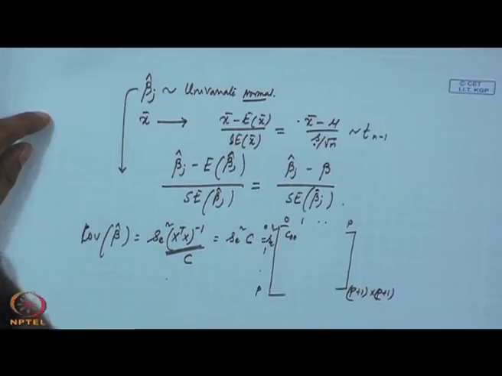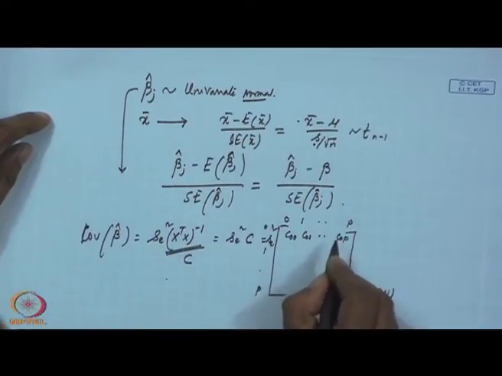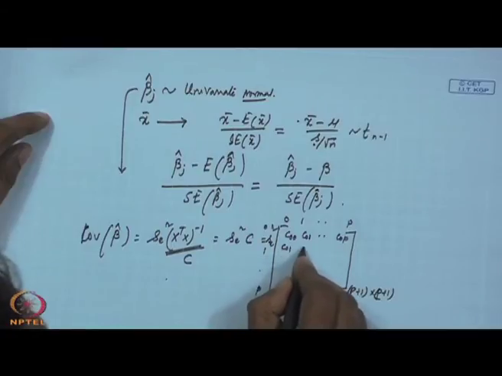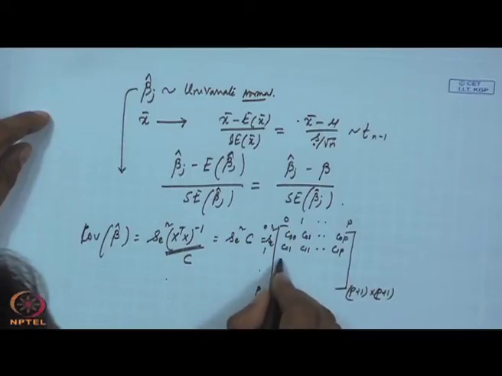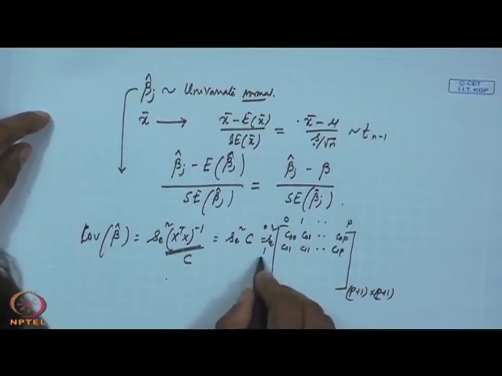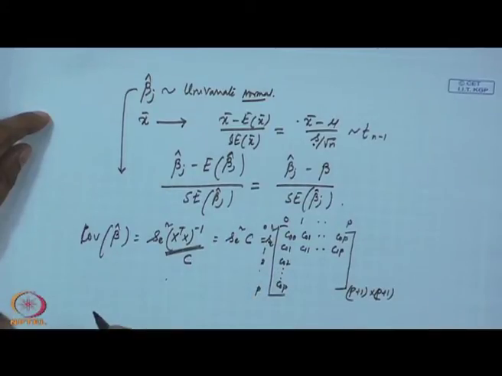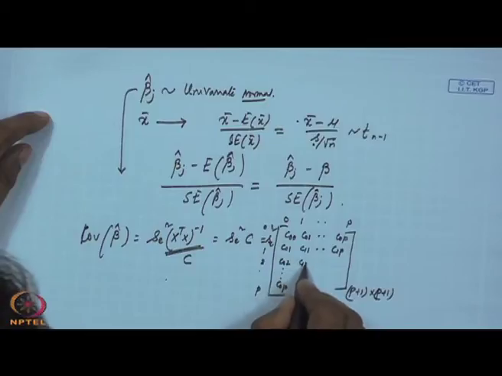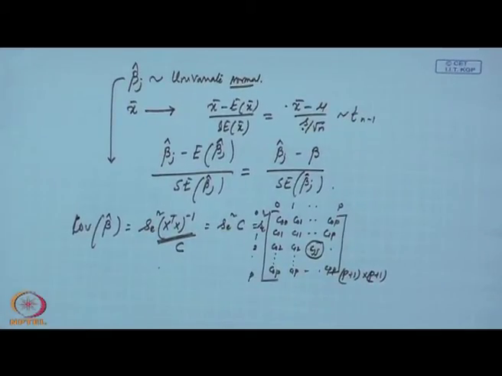So, first one is C00, then C01 like this C0p, then C01, C11, C1p. Then here it will be C02, so like this C0p, then C12 like this C1p. In this manner you will calculate, then Cpp, somewhere the jth one will be Cjj. Understood?